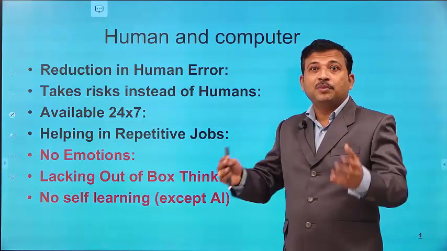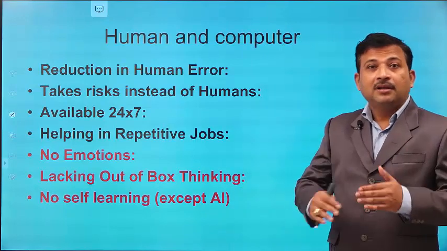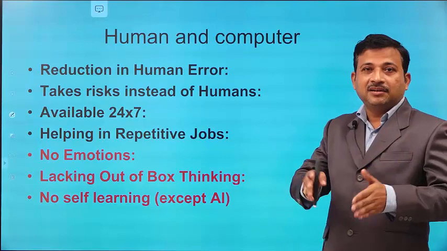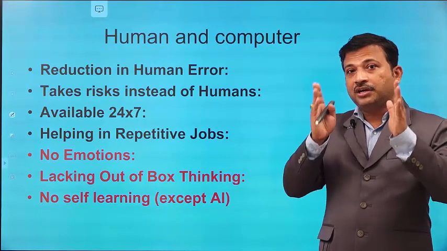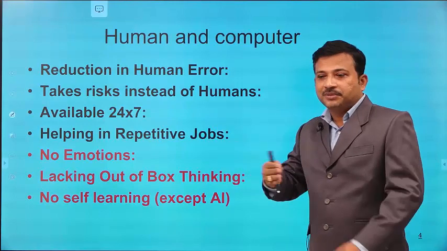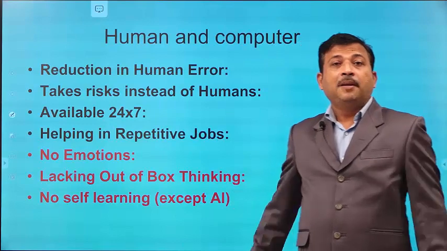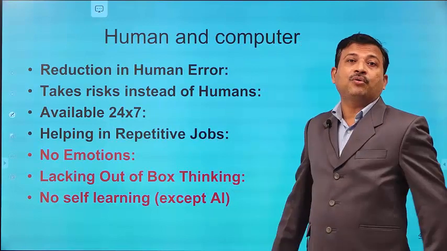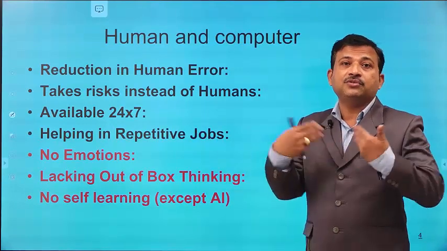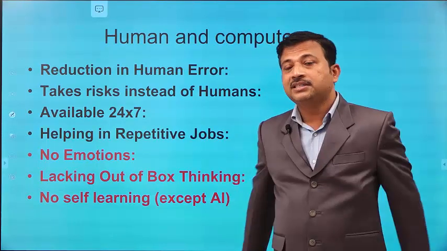Humans cannot work 24/7, but a digital system can. It also helps in repetitive jobs: the same thing can be repeated continuously. But a human feels bored: why should I do the same thing continuously? The digital system can do it repetitively.